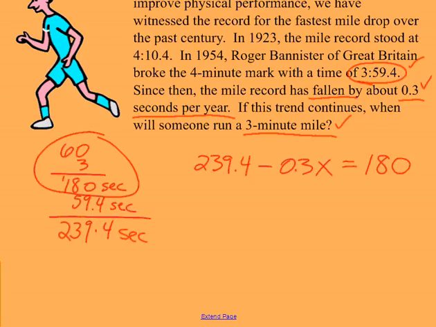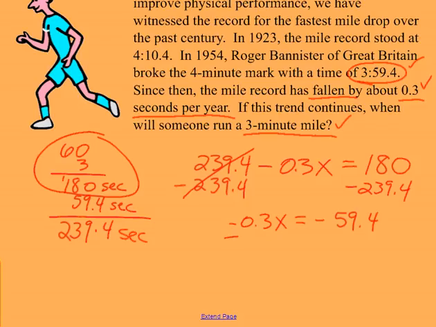So now we have an equation that we can solve for x, and remember x stands for the number of years. So let's do some simple algebra here. We're going to subtract 239.4 from both sides of the equation, so that will eliminate it on the left side and leave us with negative 0.3x equals negative 59.4 on the right.